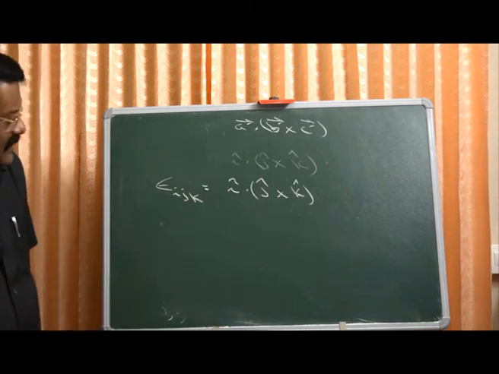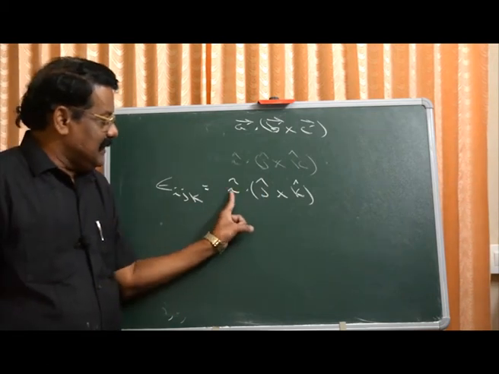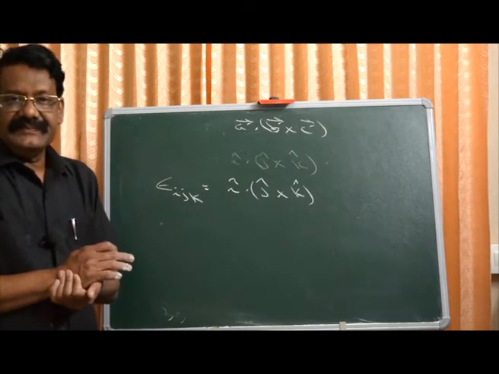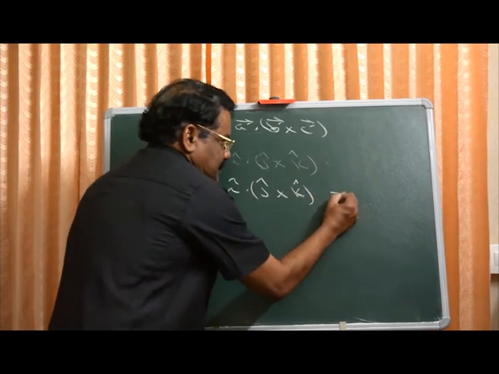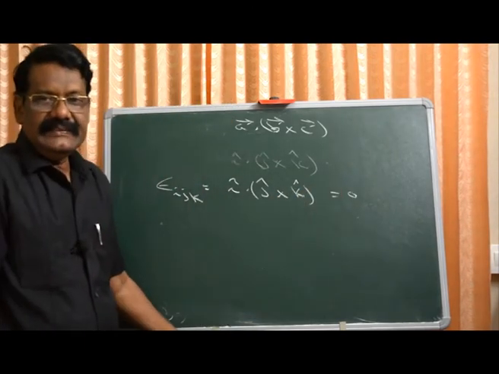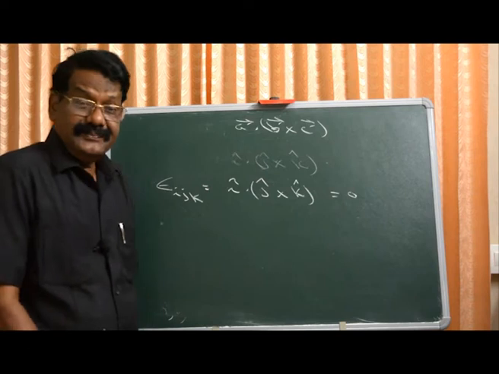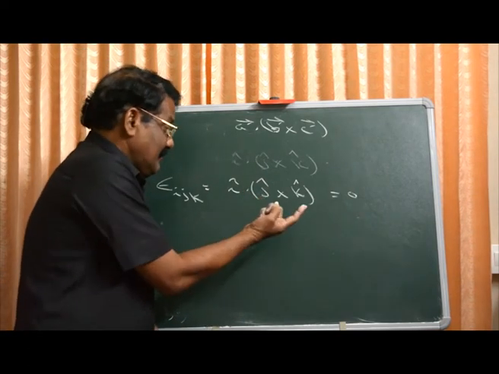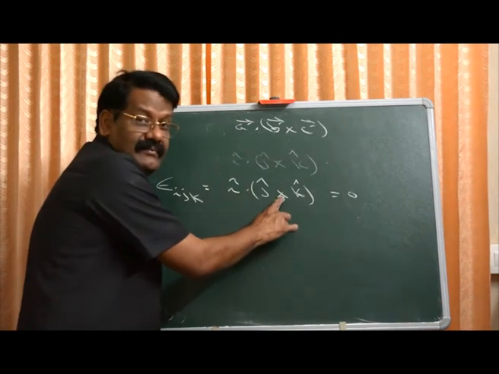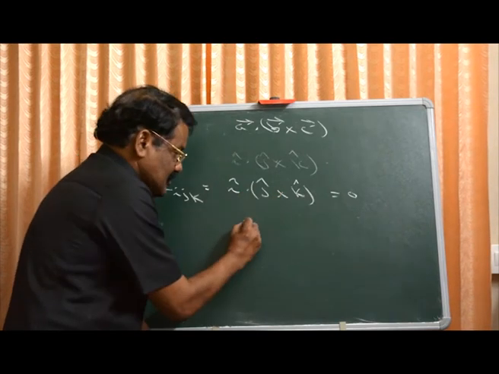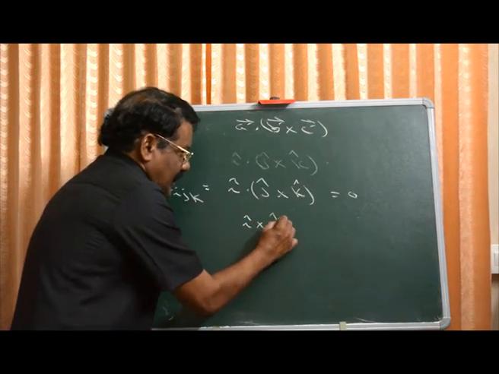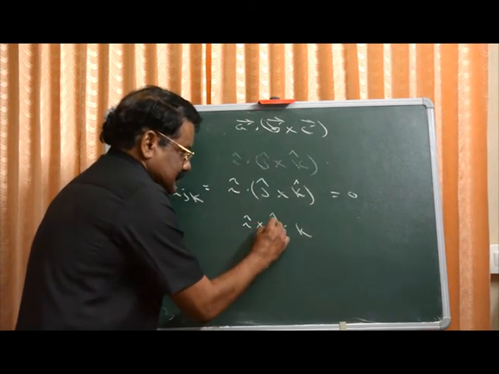Whenever any two indices coincide, it will be 0, obviously. Suppose i is equal to j. Means I can very well interchange cross and dot. So this becomes i cross i dot k.